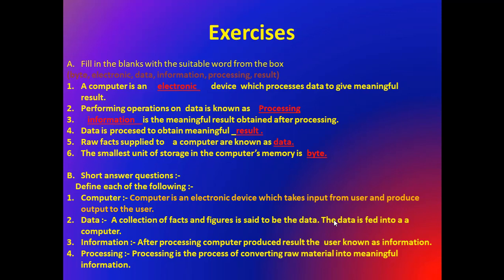Information is the meaningful result obtained after processing. Data is processed to obtain a meaningful result. Raw facts supplied to a computer are known as data. The smallest unit of storage in a computer's memory is the byte.